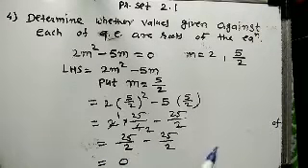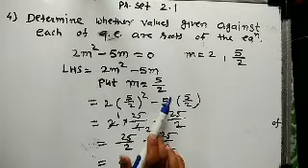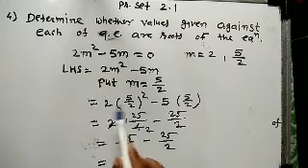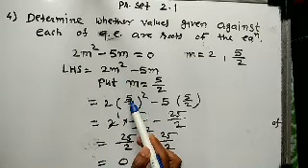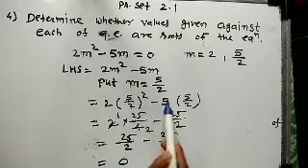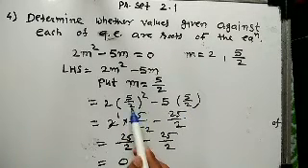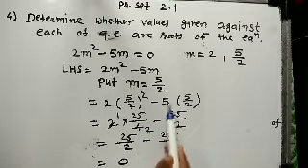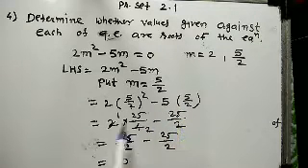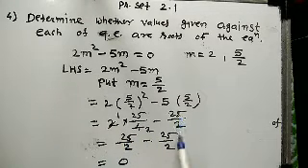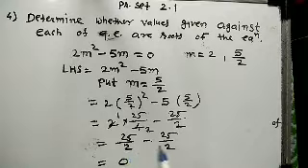And that is 0. After putting the value of m equal to 5/2, we get 25/2 minus 25/2, therefore it is 0.